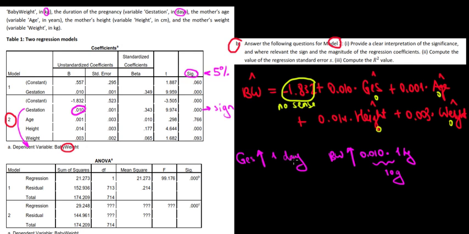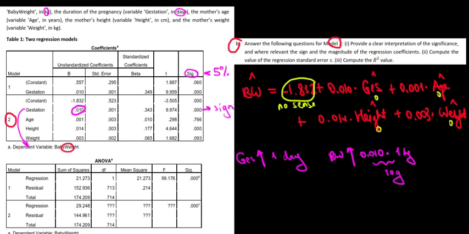So 1 more day in pregnancy, 10 more grams for the birth weight of the child on average. This is on average, not for every child, because remember, we always have specific factors for every mother and for every child that affect the birth weight, genetics, lifestyle of the mother, etc.